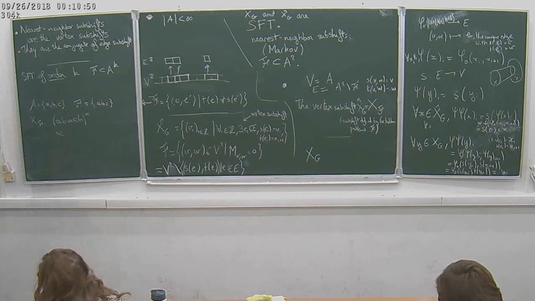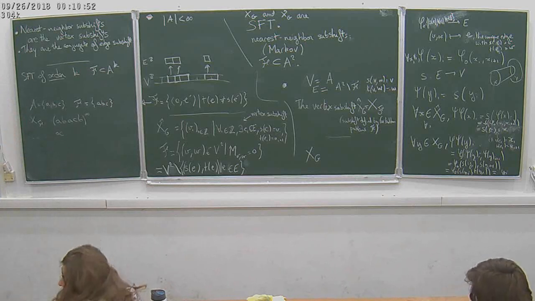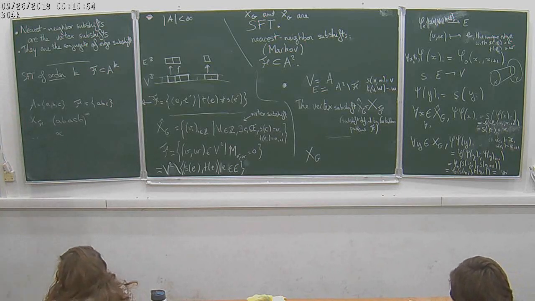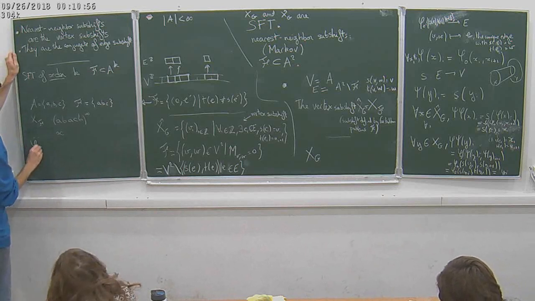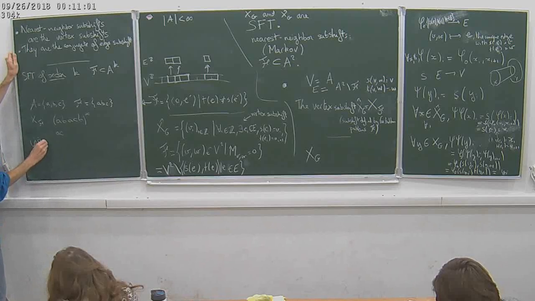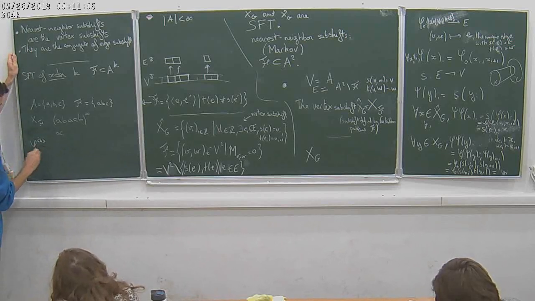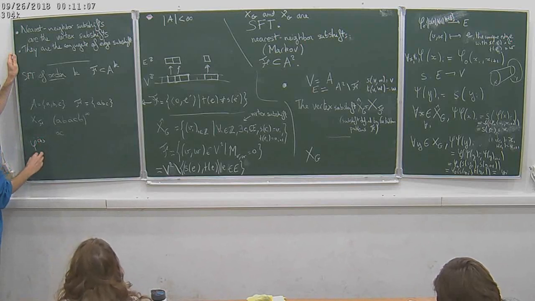Did we have a notation for it, a Greek letter or something? Phi? With a K like this? No, we didn't have. Okay, so let's introduce.